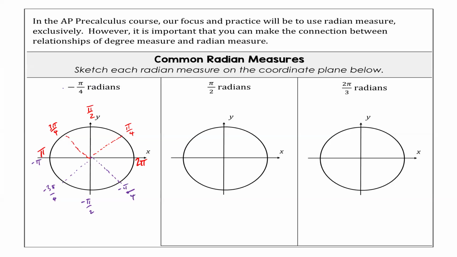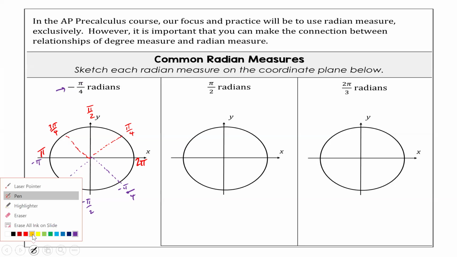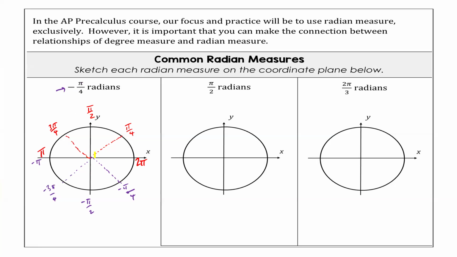And the reason why I'm rotating clockwise is because it says to sketch negative pi over 4. So negative pi over 4 would be here. When I sketch it, this is its initial side, and this is its terminal side. So this angle right here is negative pi over 4.